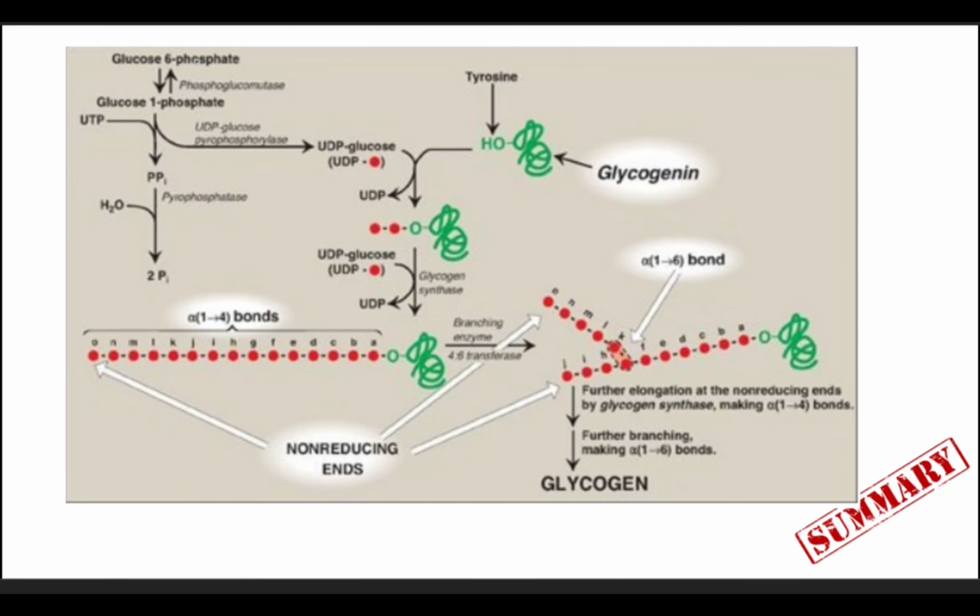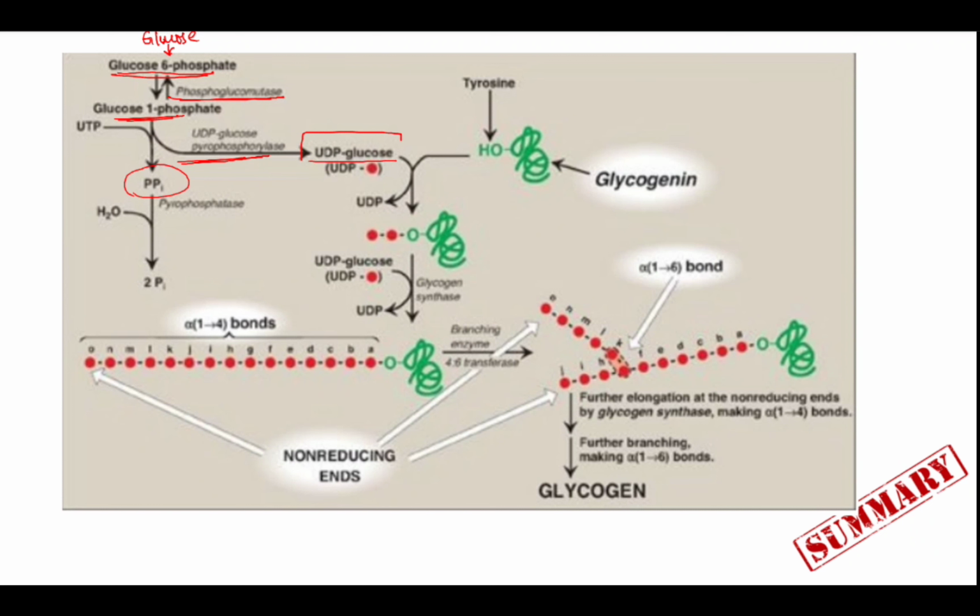To summarize, first is the activation of glucose, where glucose in the presence of the enzyme hexokinase or glucokinase is converted to glucose 6-phosphate. Now this glucose 6-phosphate is converted to glucose 1-phosphate in the presence of the enzyme phosphoglucomutase. Next, the glucose 1-phosphate combines with UTP in the presence of the enzyme UDP glucose pyrophosphorylase to form UDP glucose.